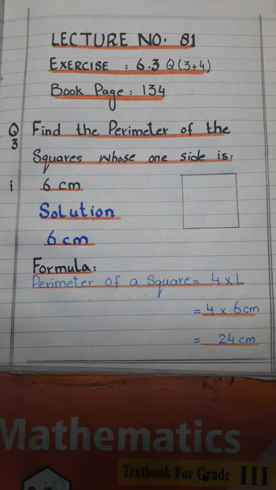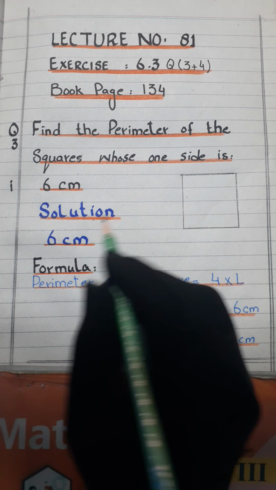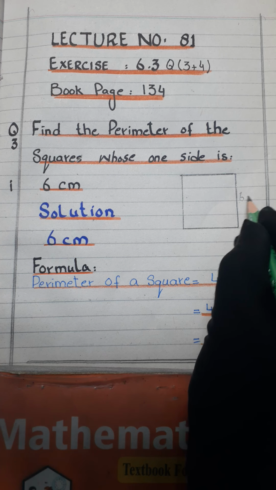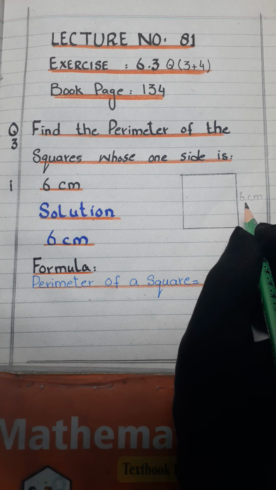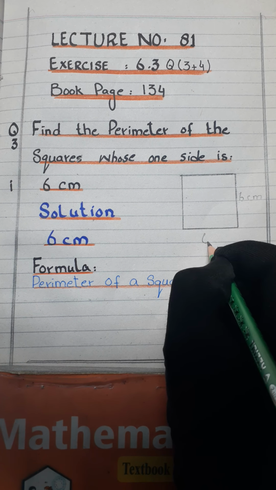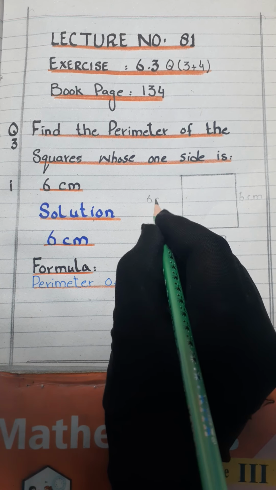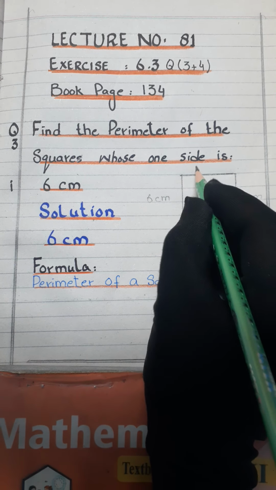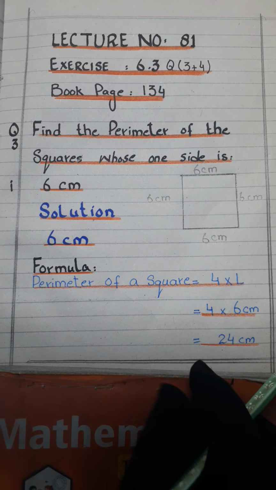Look at this square: just one side is given, 6 centimeter, but in the definition of a square we learned that all sides of a square are equal. So this side is also 6 centimeter, and this side is also 6 centimeter, and the fourth side is also 6 centimeter.